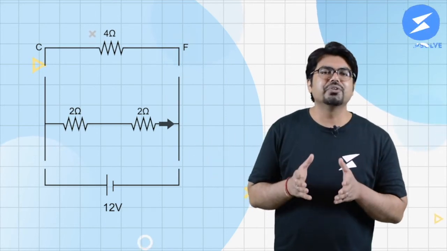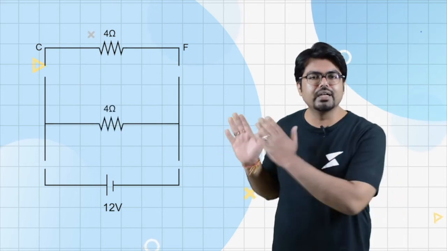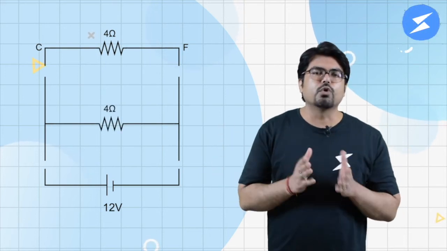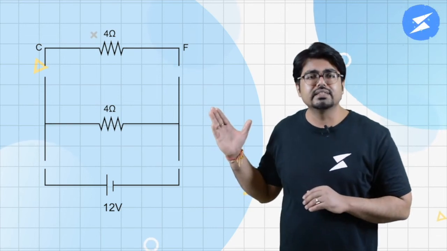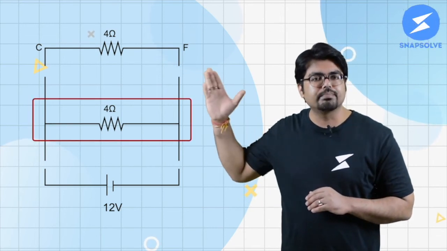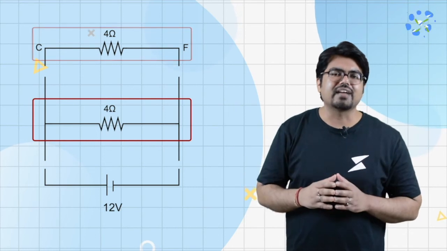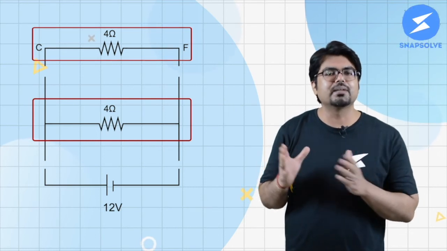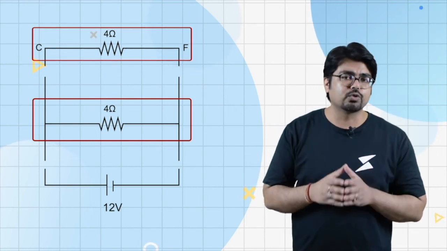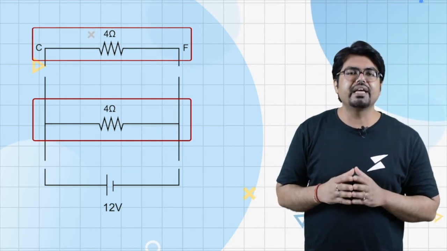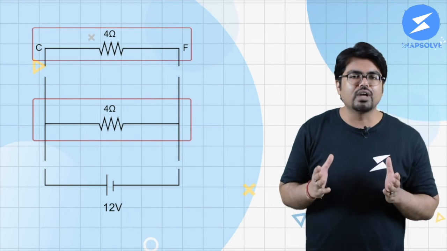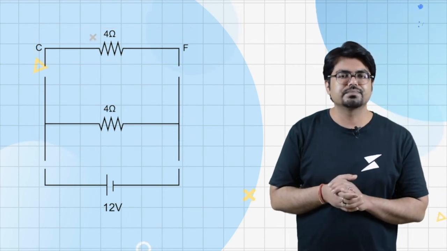Now we have reduced the whole set in the middle into a single resistor of 4 ohm value. As you can see, this 4 ohm resistor is in parallel with the one at the top. Didn't we predict at the start that the whole set in the middle is in parallel with the 4 ohm resistor at the top? So now we can simply combine them using the formula for parallel resistors.